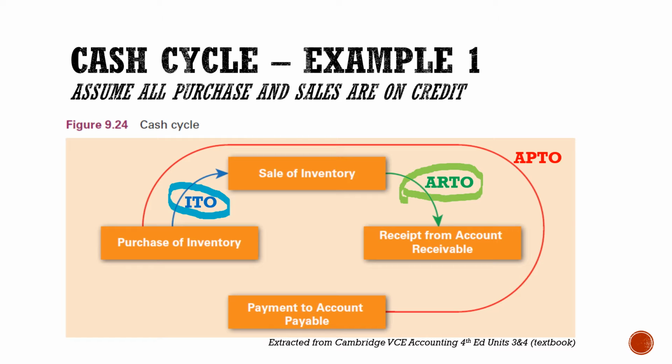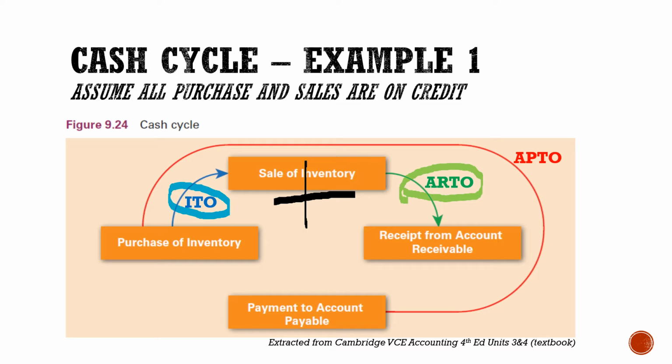So what we can see here is that the number of ITO days plus the ARTO days will give us the total number of days that it takes for the business to recover cash from making any credit sales.